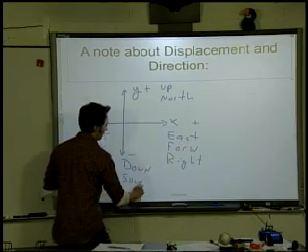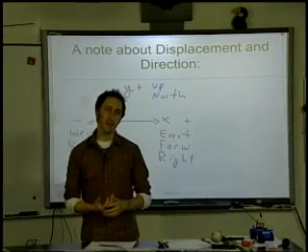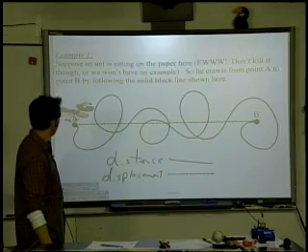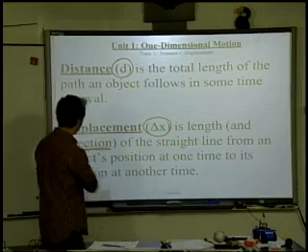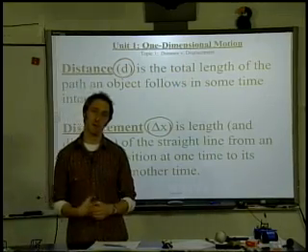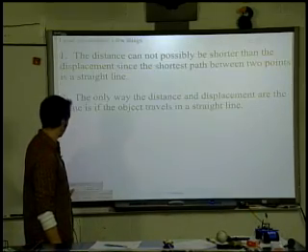Okay? Now, because of this convention, if you go back to our definition of displacement, the displacement includes the direction, right? So because of that direction, occasionally our displacement will be negative. So what that means to us in English is this.